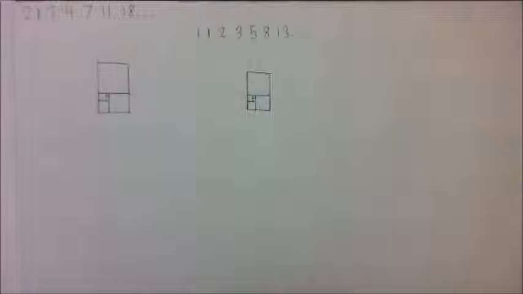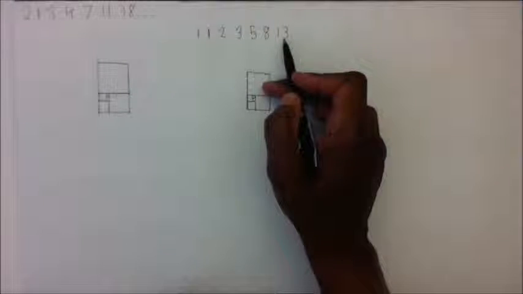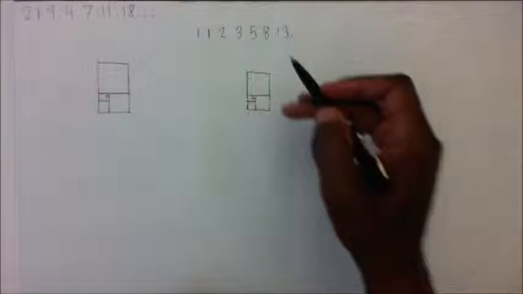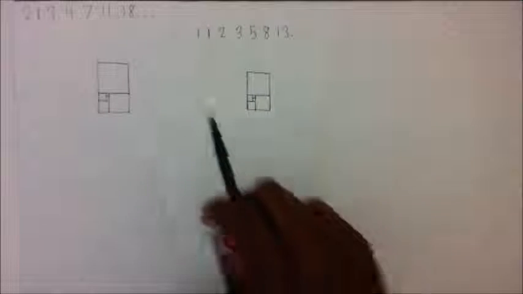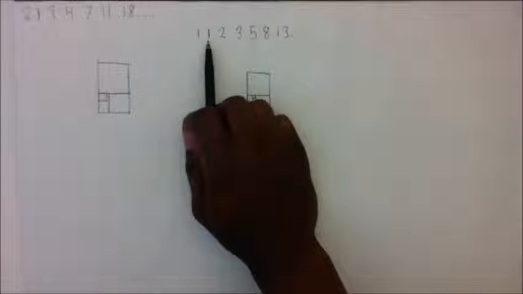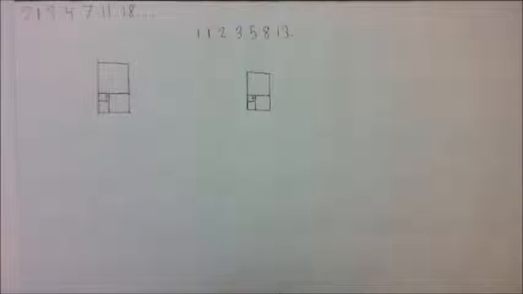And the reason is because when taken to infinity, the aspect ratio, which also happens to be the ratio of the last number divided by the second to last, converges upon a given value, and that value is what we call the golden ratio. And any such sequence where the next number in the sequence is the sum of the two prior numbers is what we call a Fibonacci sequence.